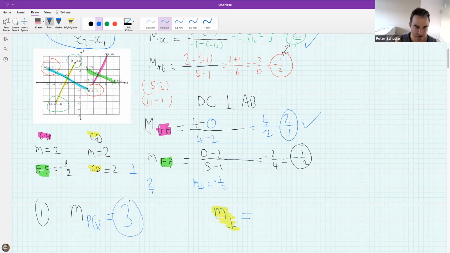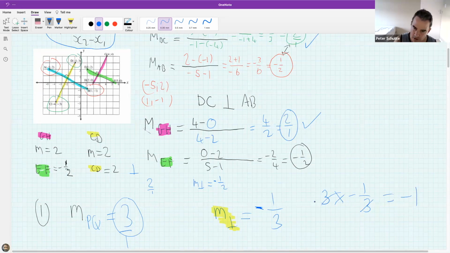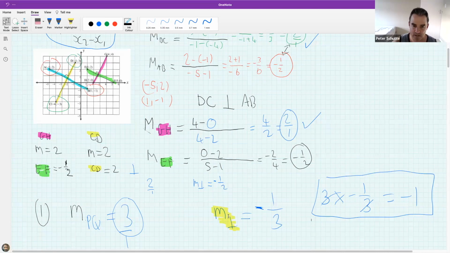If it used to be 3, what do we know about perpendicular lines and their relationship? So 3/1 will just become 1/3, and we change the sign to a negative. Another thing about perpendicular lines is sometimes they say lines are perpendicular if when you multiply their gradients, you get -1. So let's check. If I multiply 3 by -1/3, I get -1. Okay, so you guys have indeed done this right. And so the gradient of this other line will be -1/3.